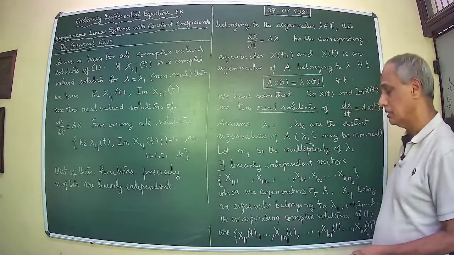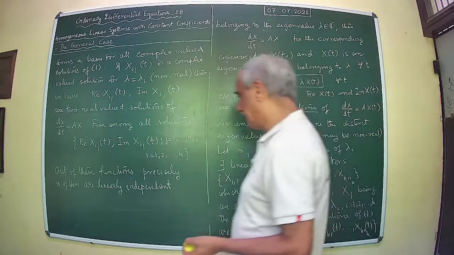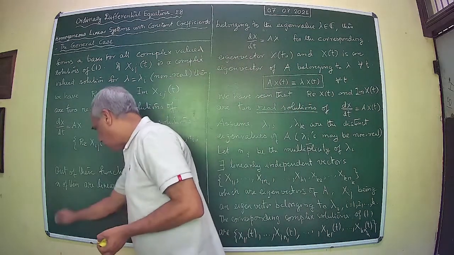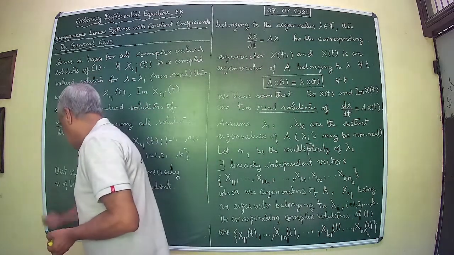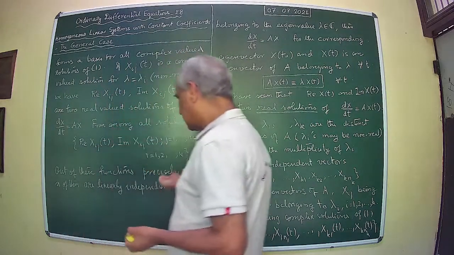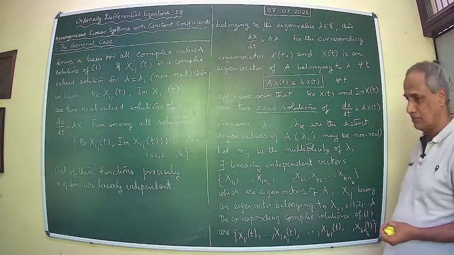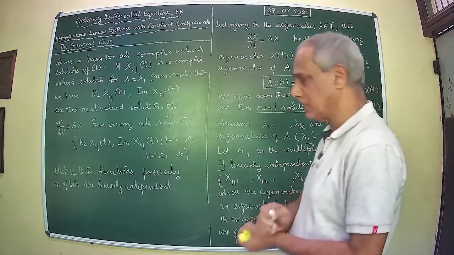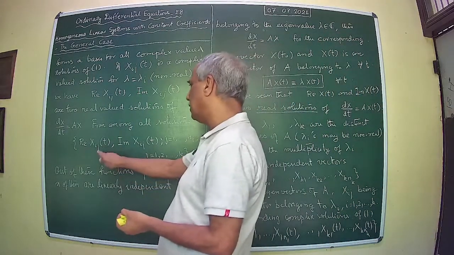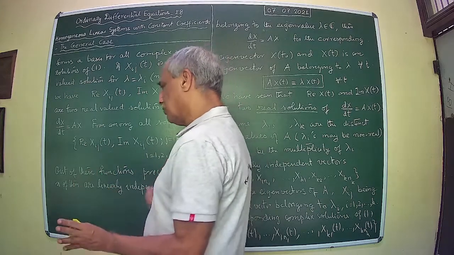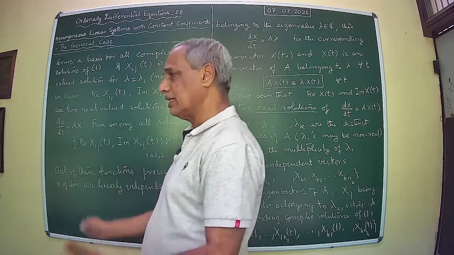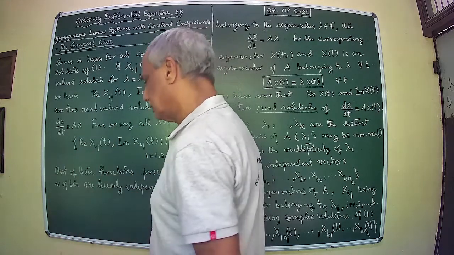Now you can see that this actually does. Why is it so? Because you look at the corresponding vectors. So the question reduces to whether the corresponding evaluation of these vectors gives you n linearly independent vectors.